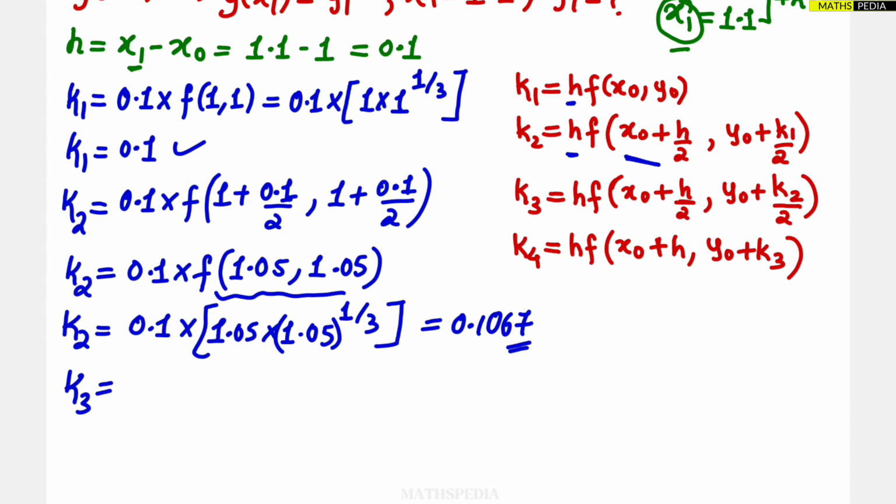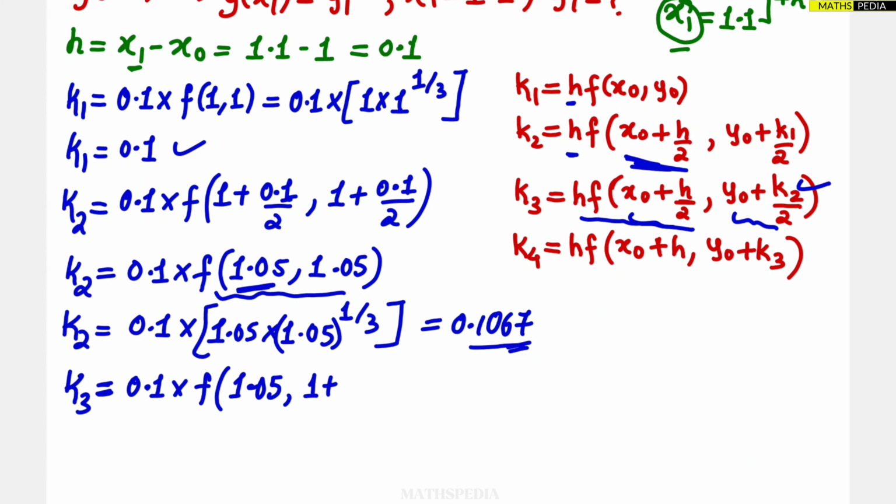K2 value also, let us go for the K3 value. So K3 value, again the same formula. The only change is that in this particular part K2 will come instead of K1. So 0.1 into function of, now here 1 plus the same thing. This part is the same as K2 value, so you can directly write 1.05. Next, here y0 value 1 plus, now K2 value.